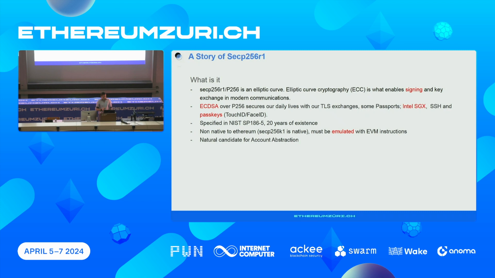We had two talks referring to it in the morning, thanks to them. It has been specified by NIST. As I said, it's non-native, so it has to be emulated with EVM instructions in order to implement it for a smart contract or smart account. And being so widely used, it's a natural candidate for account abstraction.